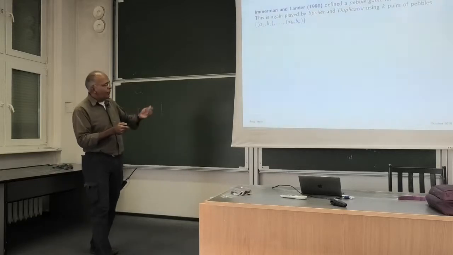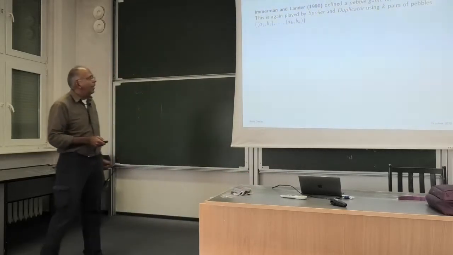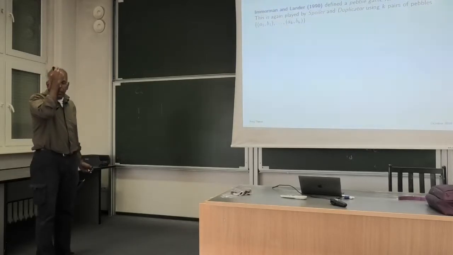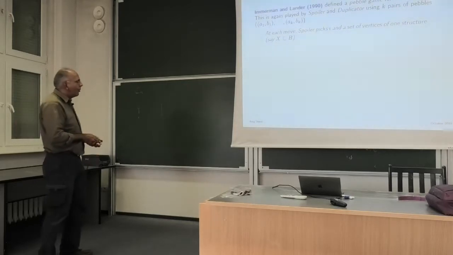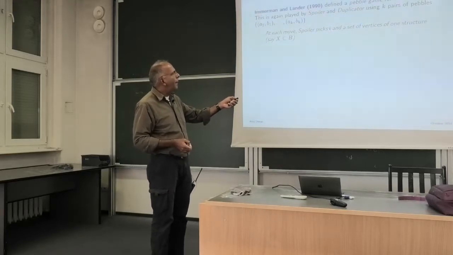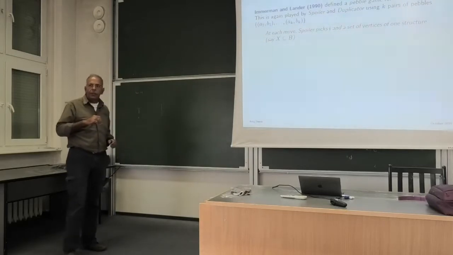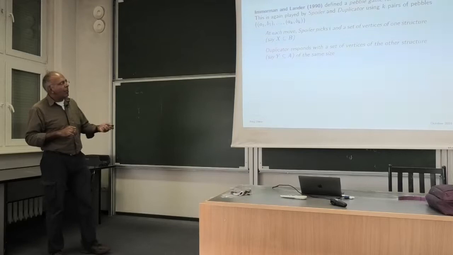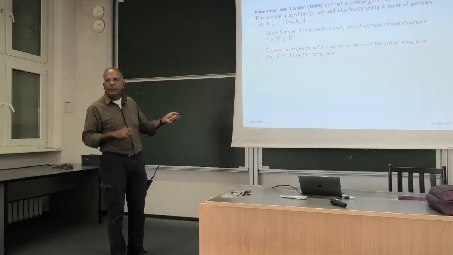Immerman and Lander defined this game, where again we have Spoiler and Duplicator with K pairs of pebbles. Now at each move, Spoiler picks a pebble number I, and a set of vertices in one of the structures. Duplicator has to respond with a set of vertices in the other structure of the same size.